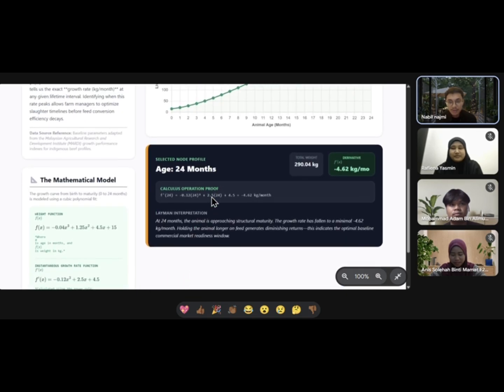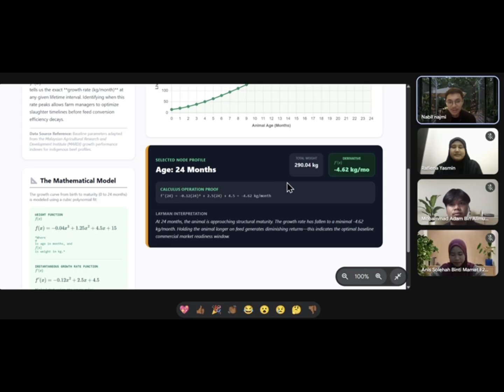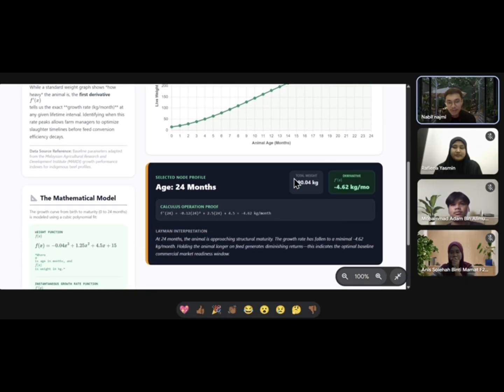By the age of 24 months, we can see that the weight of each cattle increases by 4.62 kilograms per month, resulting in a final weight of 290 kilograms.